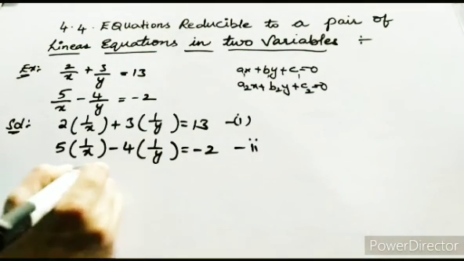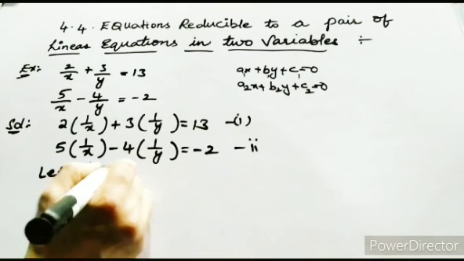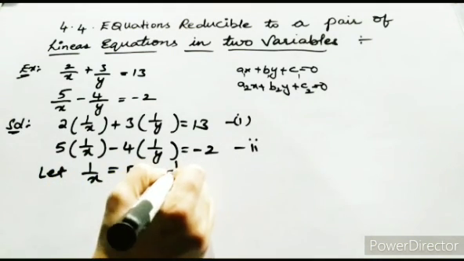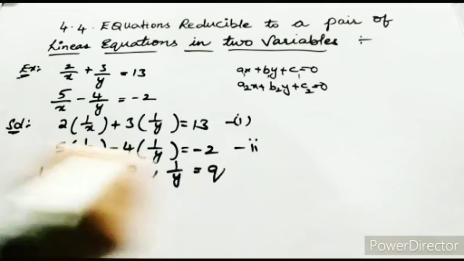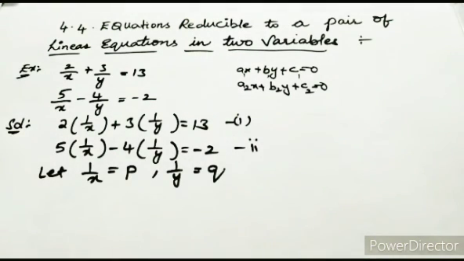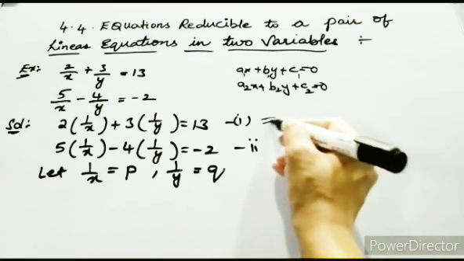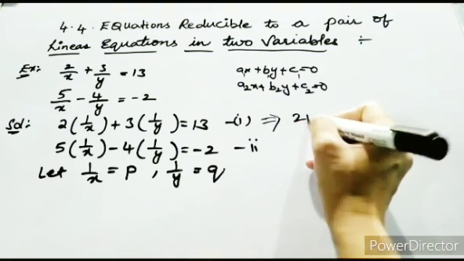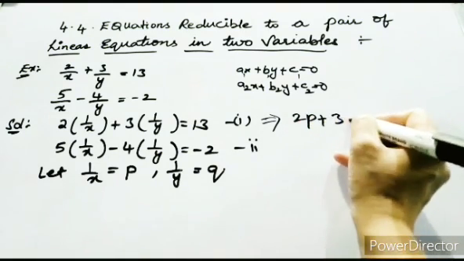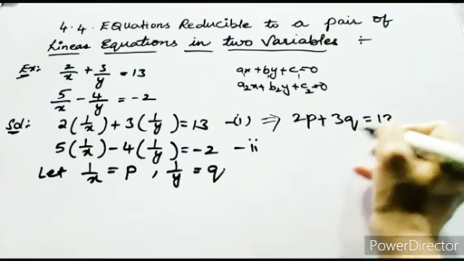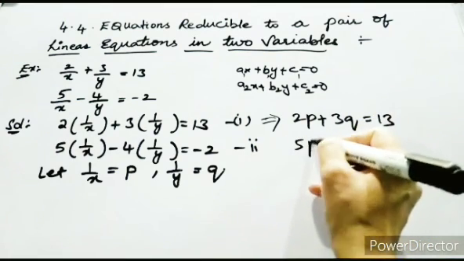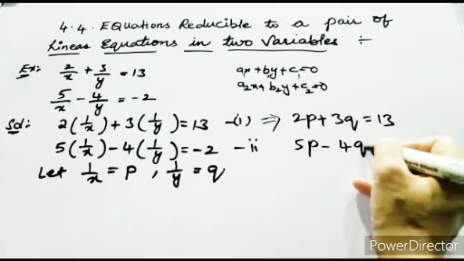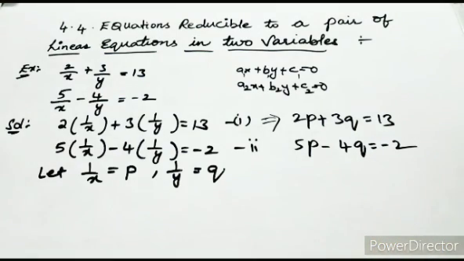Let us consider 1 by x as p and 1 by y as q. Substitute in your equations. Suppose this is your equation: 2p plus 3q is equal to 13 and 5p minus 4q is equal to minus 2.